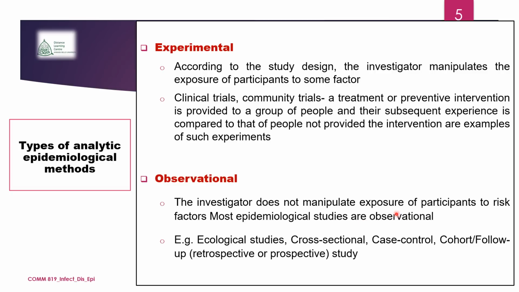The investigator doesn't have any power to manipulate. You just go to the field and observe based on natural happenings. You look at those that are exposed, and you look at another place with those that are not exposed, and you just take the data.